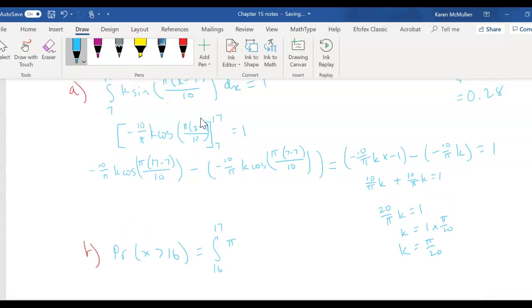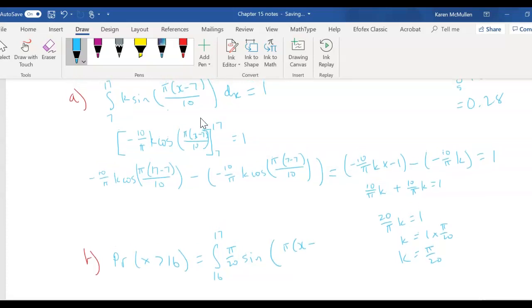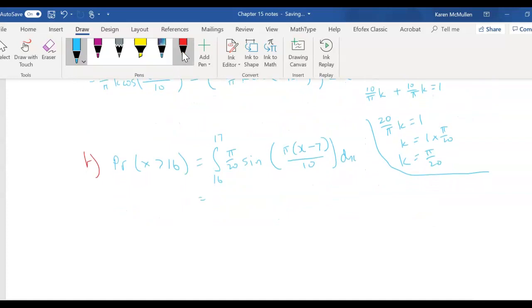So I'm just going to write the function there, pi on 20 sine pi x minus 7 over 10, and we want to do dx. All right, so just cross that off. You can just go ahead and do that by hand or on your calculator. I'll leave you to do that one.